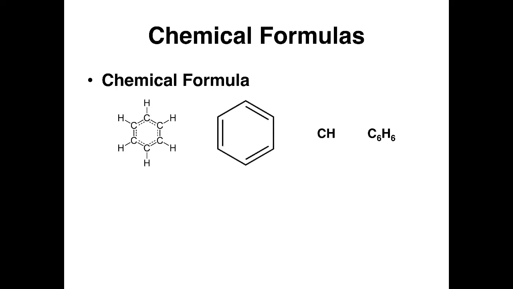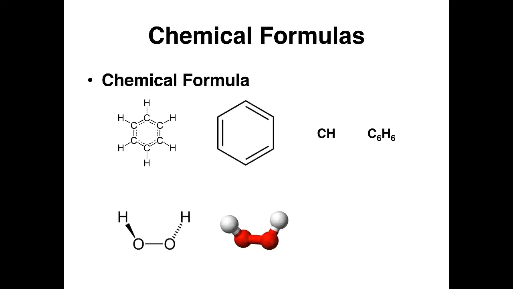Notice the simplest formula, the empirical formula, shows simply the relationship between how many carbons and how many hydrogens there are, which is 1 to 1. But the molecular formula shows actually how many of each atom is contained in the compound benzene. These other two formulas that are shown here show somewhat the spatial structure of the benzene molecule.